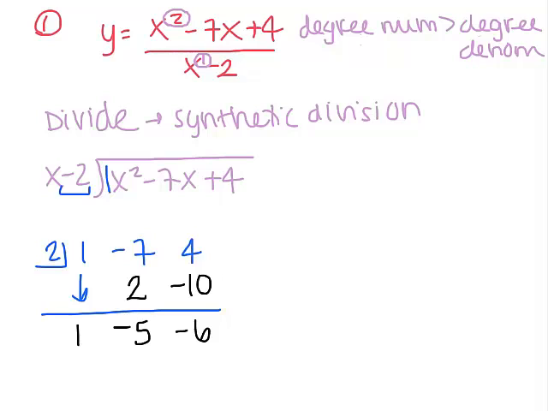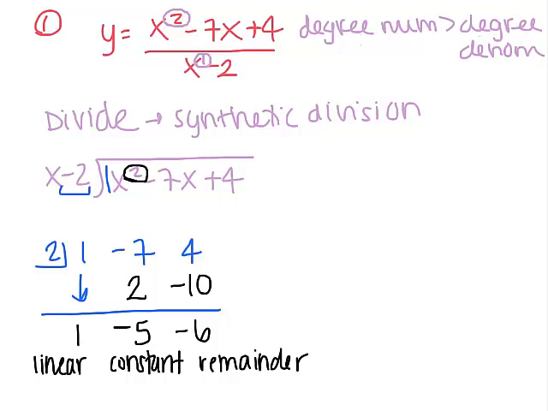So when I look here now, this 1, negative 5, negative 6 represents my answer. This is the linear term, this is the constant, and then we have the remainder. I know that because I started with degree 2 and divided by degree 1, so my answer should start with degree 1. That's why this first one is linear.